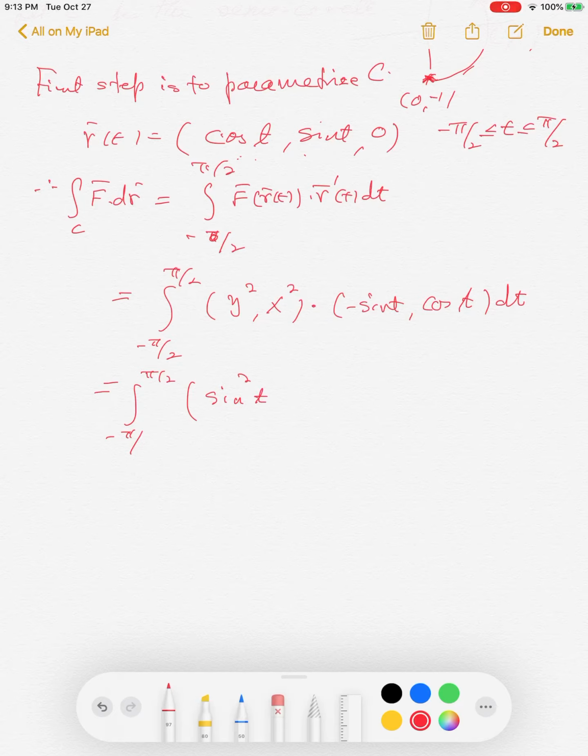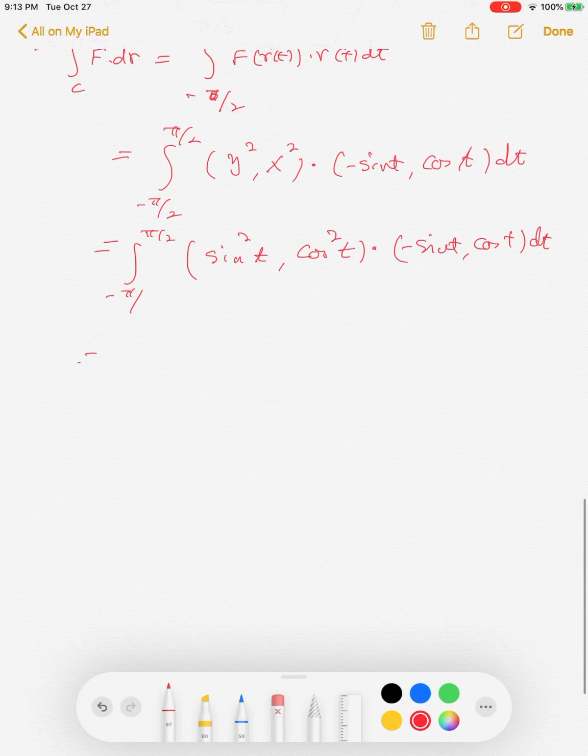So this is going to be sine square t comma cos square t dotted with minus sine t comma cos t. So this will be the integral from minus pi by 2 to pi by 2 of minus sine cube t plus cos cube t dt.